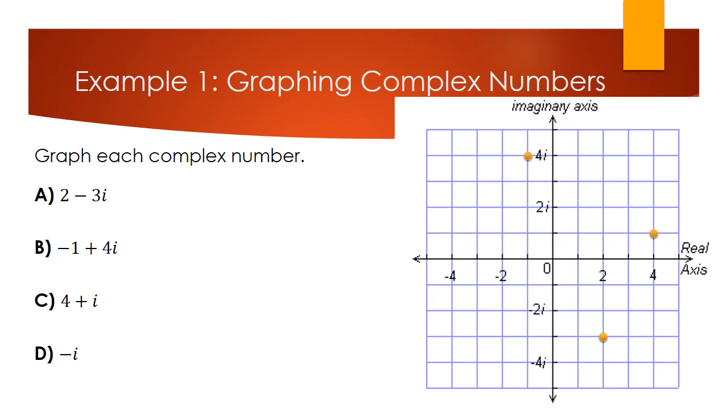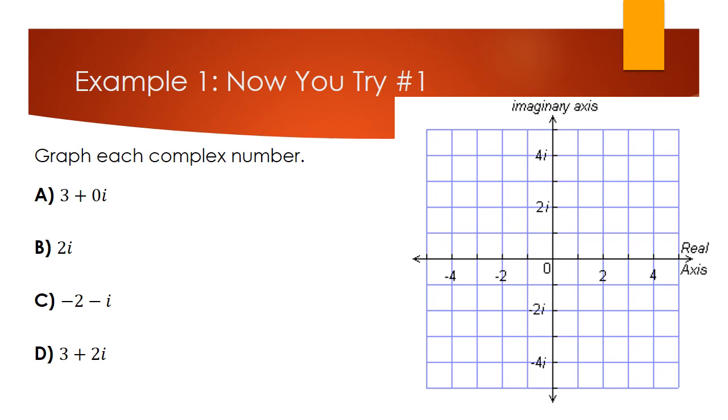And for negative i, you don't move left or right, you just move down 1. Just like graphing regular numbers, just now we have an imaginary axis. So here's the now you try. There's an imaginary axis, real axis graph on the guided notes for you.